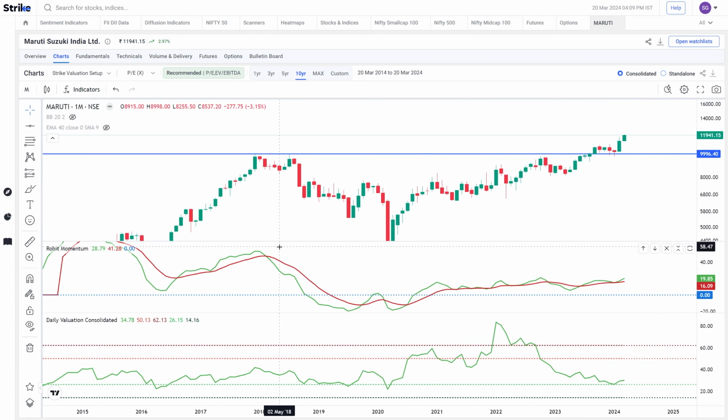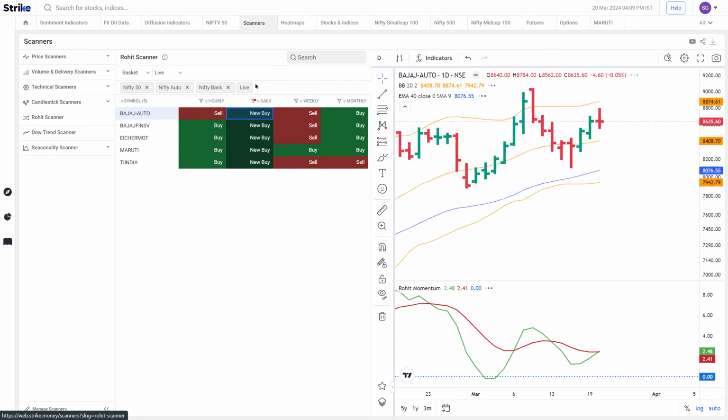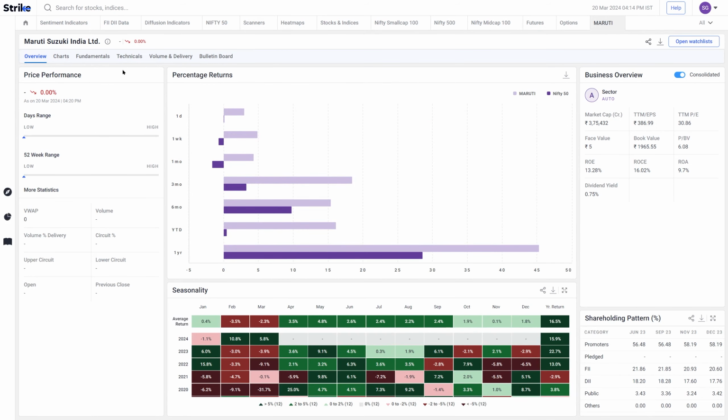Again, I'm repeating the disclaimer, this is not investment advice. We are just looking to scan for strong stocks, and this is how you can use your one-stop solution, that is Strike, to find your focus list and then do further deep analysis into the stocks that you like, including technical, fundamental, as well as FNO analysis.